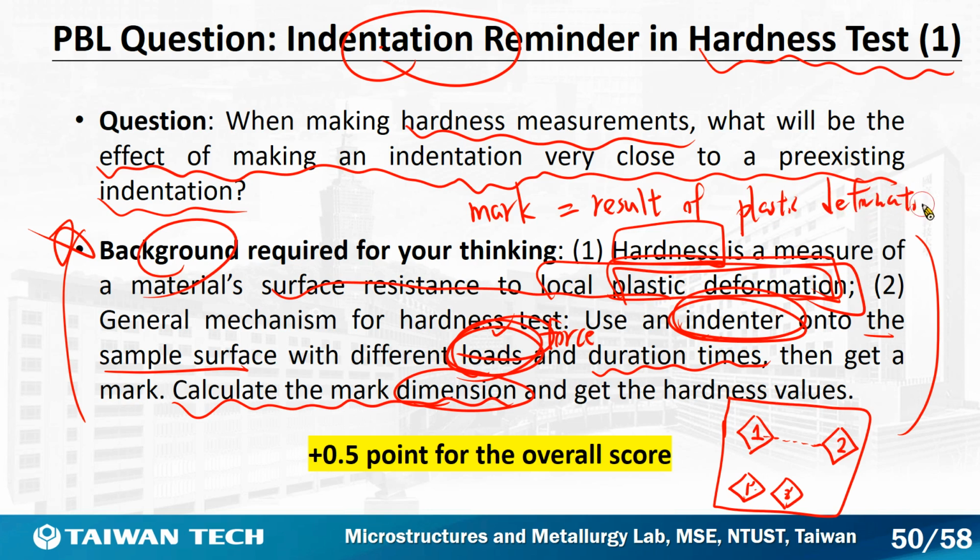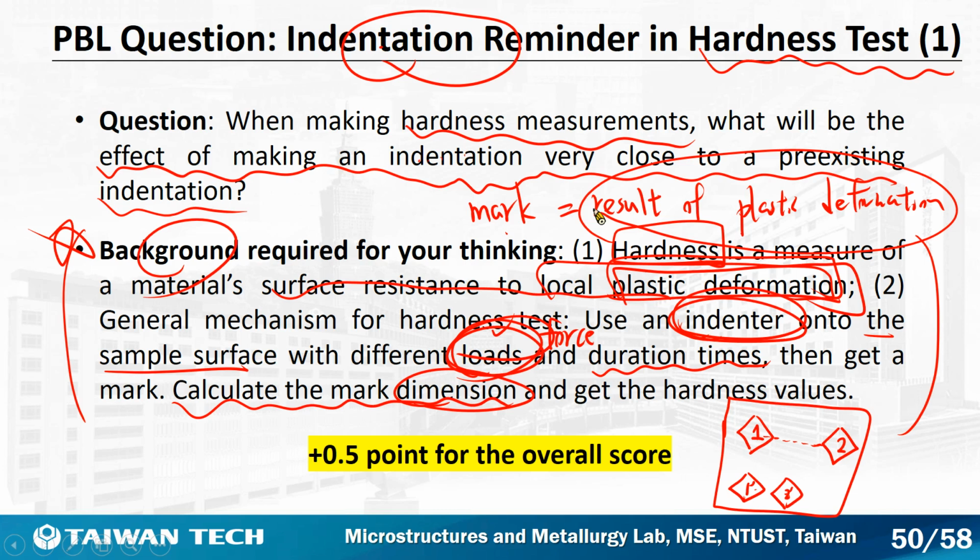And the question here is, what will be the effect of making an indentation, making a mark very close to the pre-existing one? The first one is a result of plastic deformation, and the second one is very close to it. Now we know that when we apply load to material and cause plastic deformation, the material will become harder, right?